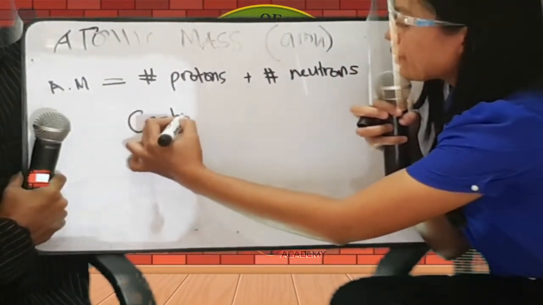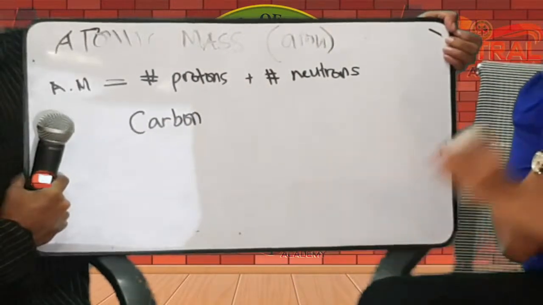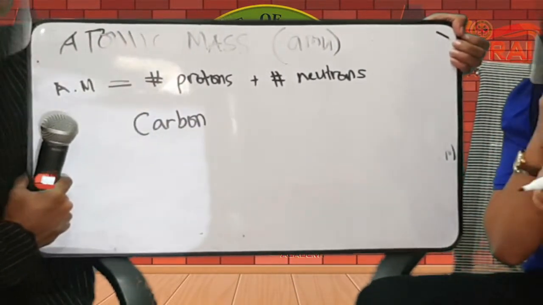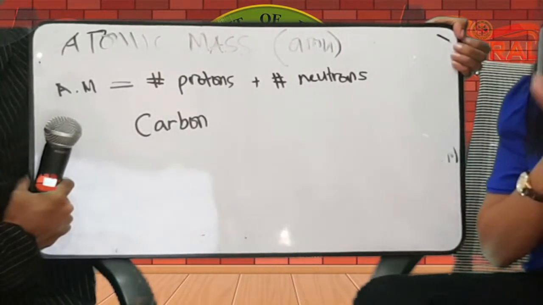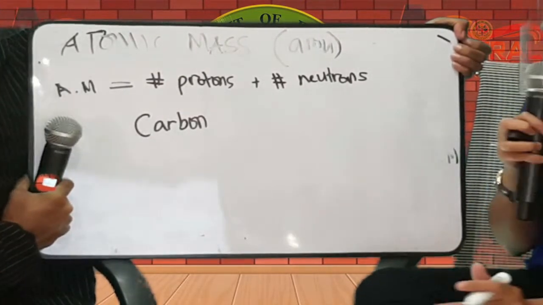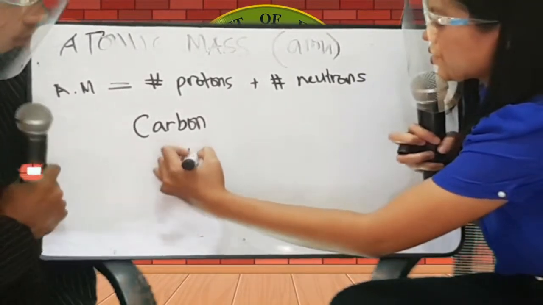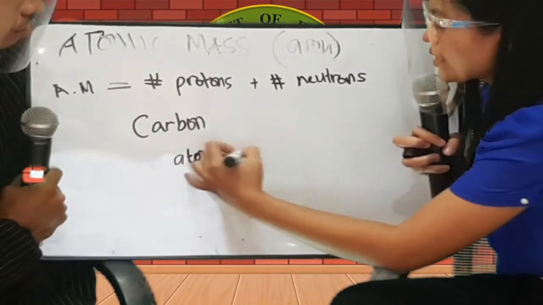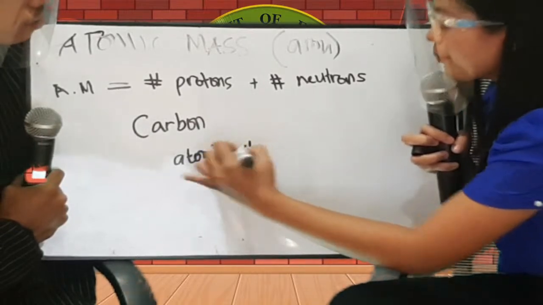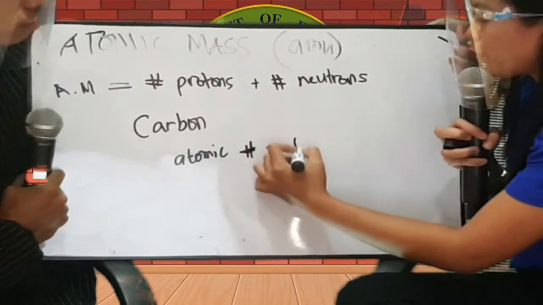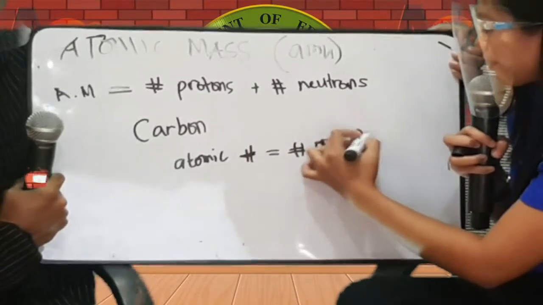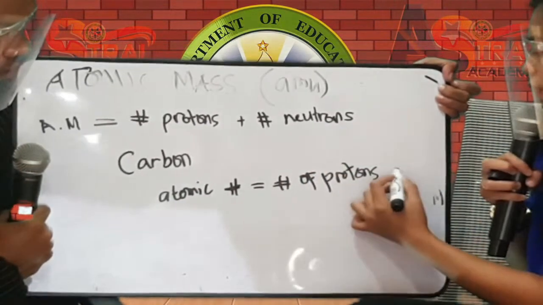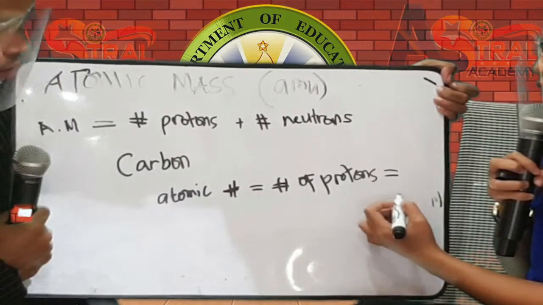Now, for example, the element carbon. If you have the periodic table of elements at home, carbon belongs to group 6, so its atomic number is 6. Atomic number is basically equal to the number of protons. So if the atomic number of carbon is 6, therefore the number of protons is 6.